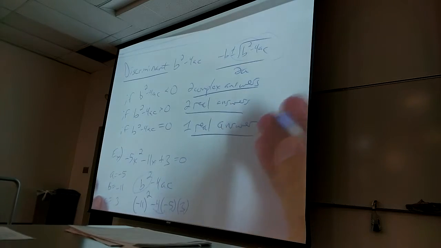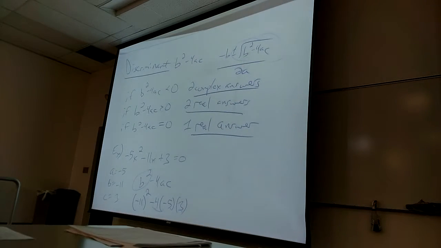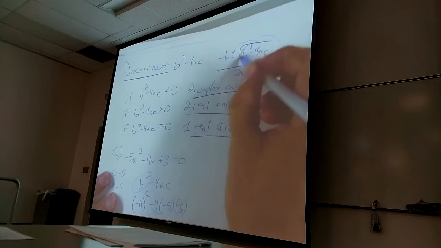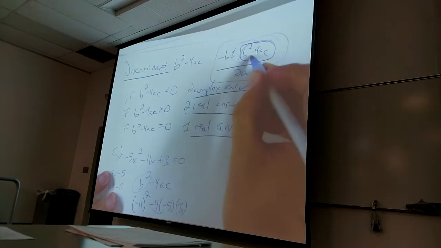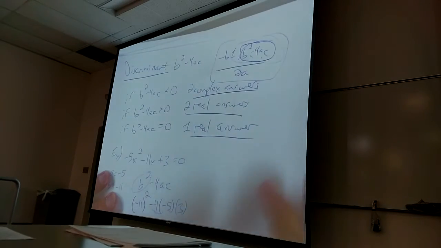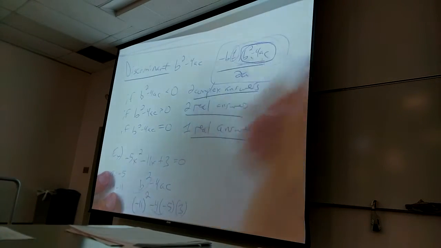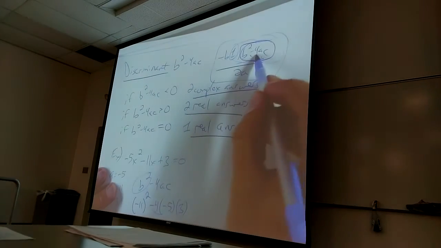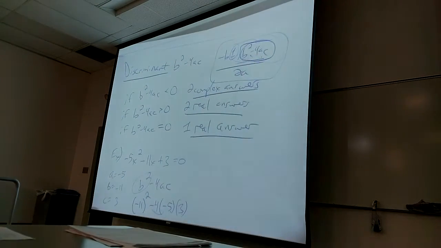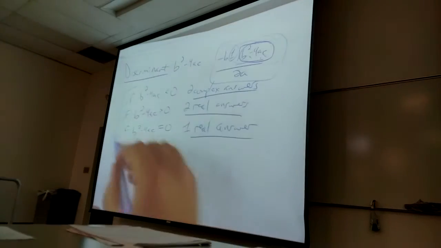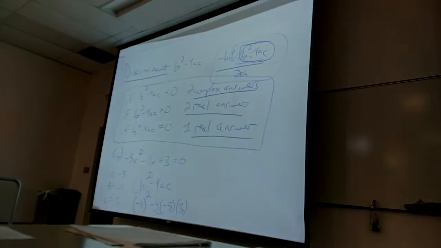If you get them, you'll lose points, which is weird, but oh well. You need to understand that the most important part in a way is that b squared minus 4ac controls a lot. Will there be two answers? Well, it depends on if this is 0 or not. What kind of answers will they be? It depends on if this is less than 0 or greater than 0, or equal to 0. So these are the situations you could find yourself in.